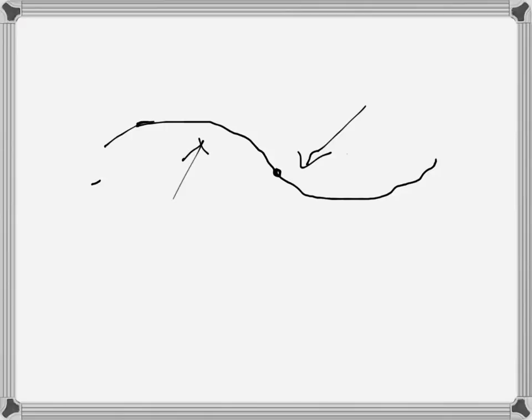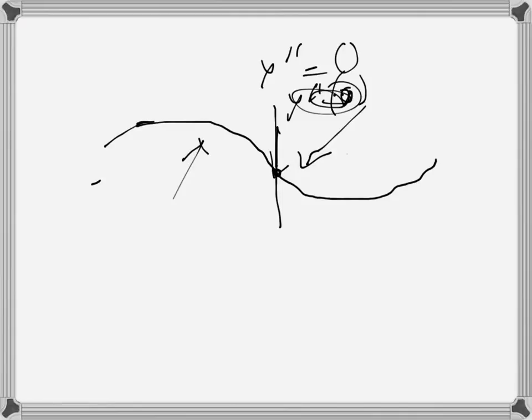Here the second derivative is 0, and we go to the left and see the second derivative: this one is concave down, so the second derivative is negative, and here the second derivative is positive.